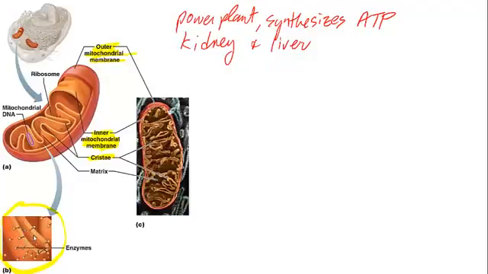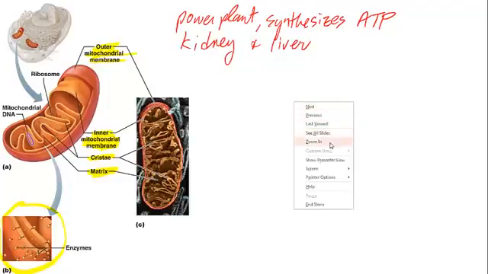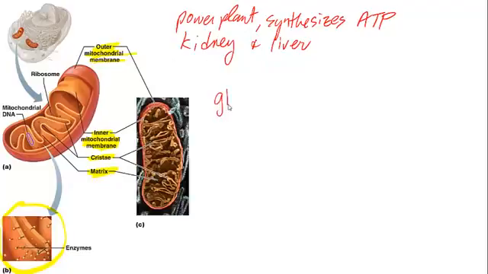And the cristae protrude into a space called the matrix, which is the very center of the mitochondria here. And the matrix is a gel-like substance, and there are specific fuels that are actually broken down here, like glucose. So for example, glucose is eventually used in our body to make ATP, and this chemical reaction is going to happen in the mitochondria.